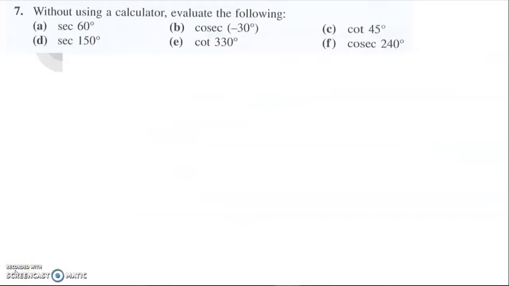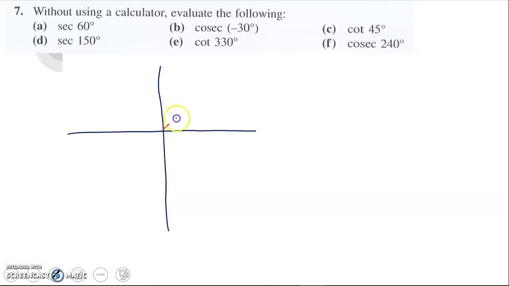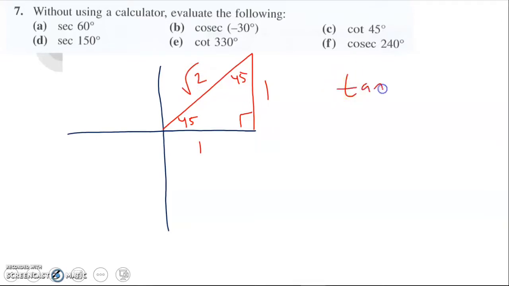Alright, letter C. We have cotangent of 45. That's going to be in Q1. I have 1, 1, and square root of 2. So again, this is cotangent. Find what tangent is first, and then you can find the inverse.